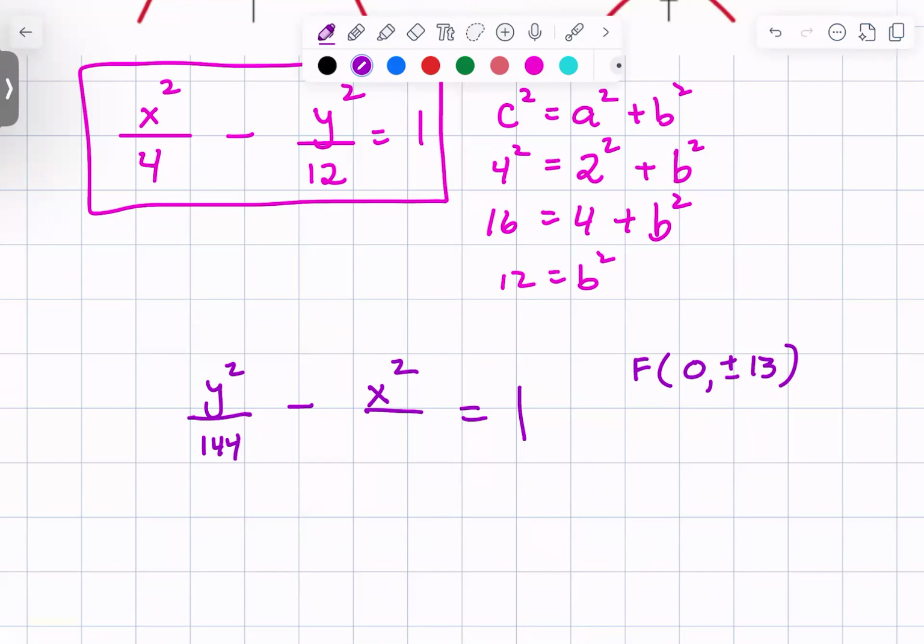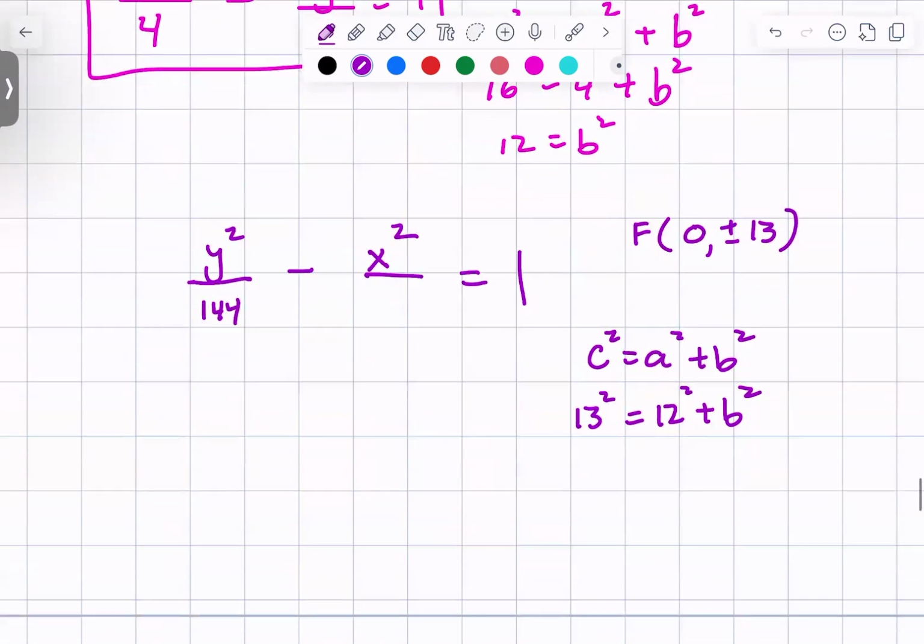Okay, so then c squared equals a squared plus b squared. That's 13 squared equals 12 squared plus b squared. So that's 169 equals 144 plus b squared.